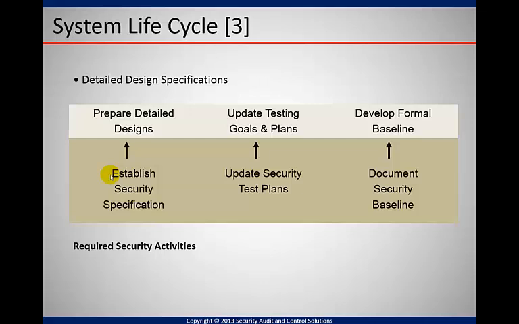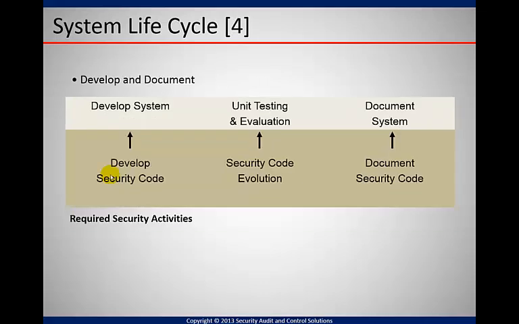Developers define a formal baseline, and this is where we will document our security baseline. For the security baseline, we get the documentation from the company standards. In the system lifecycle, when we develop and document, developers will develop the system. We will develop the security code or consult to the developers on developing the security code.